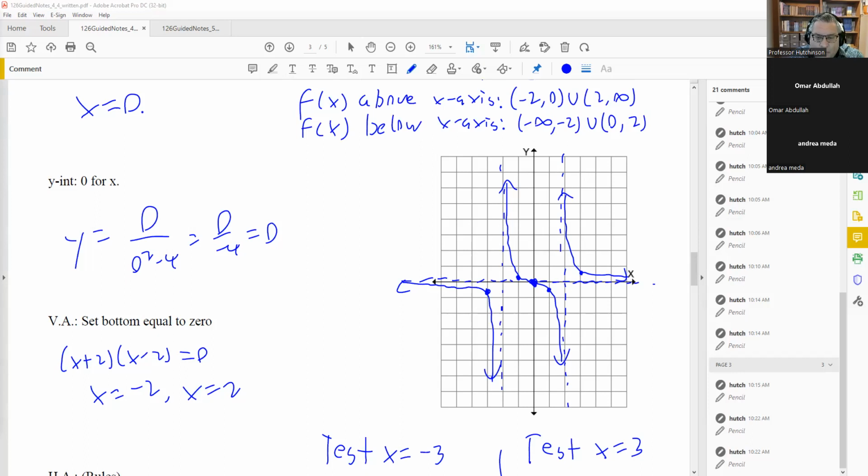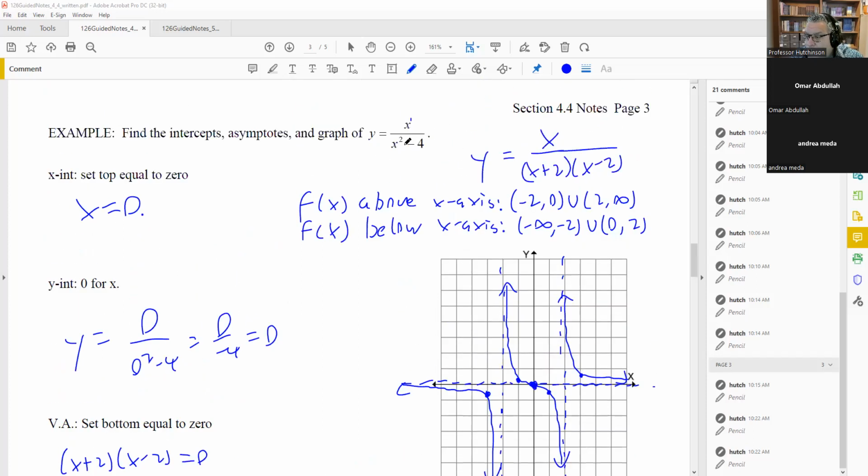All right, so we get all our information. It's always good to do these at the very end, once you have the graph complete. Now, there is a way that you could do this algebraically, using the section we talked about on the last test, section 4 or 5, where you solve them algebraically to determine whether it's above or below.